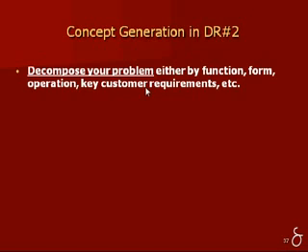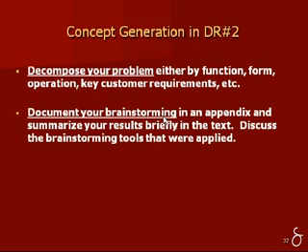You need to decompose your problem. You can do this any way you'd like. You can decompose it by function, by form, by operation, by key customer requirements. And we have a worksheet I'm going to talk about here in just a minute that can help you work through the functional decomposition process. Then you're going to document your brainstorming.